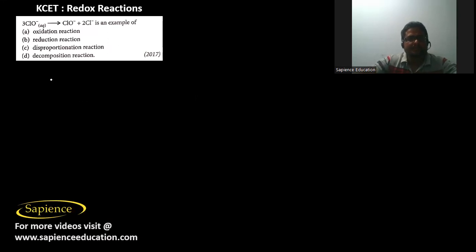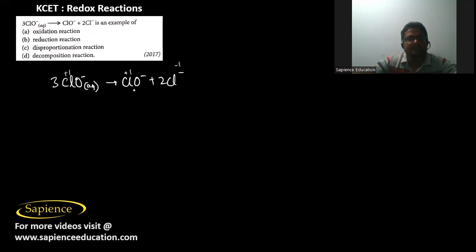Here 3ClO minus aqueous gives ClO3 minus plus 2Cl minus. So it is told which type of reaction this is an example of. So here in ClO minus, Cl is in +1 state. Here also Cl is in +1 state.